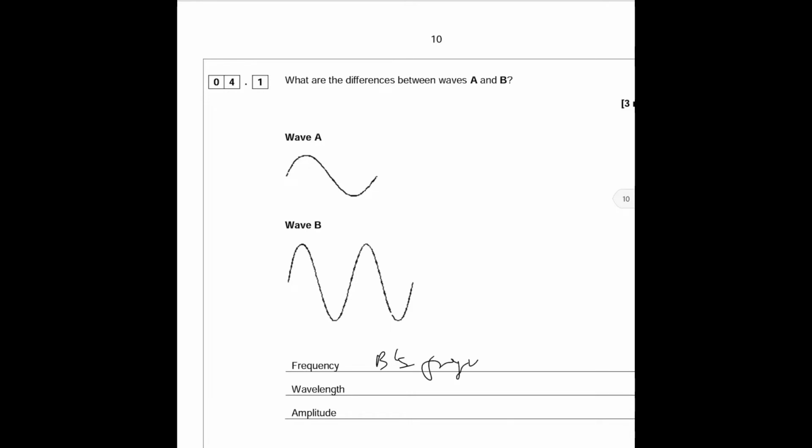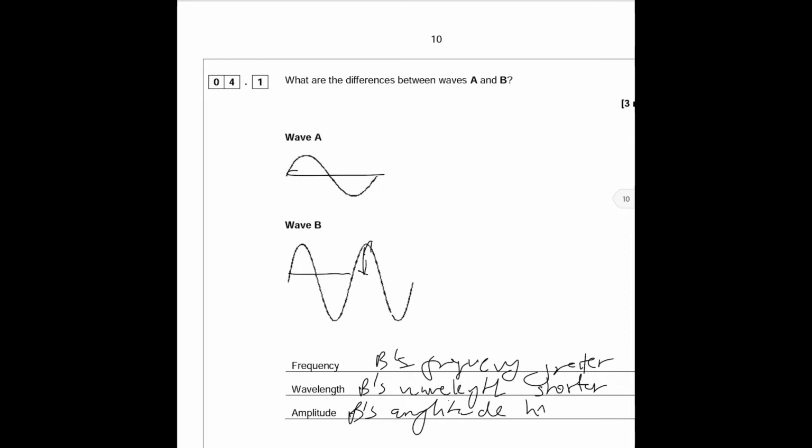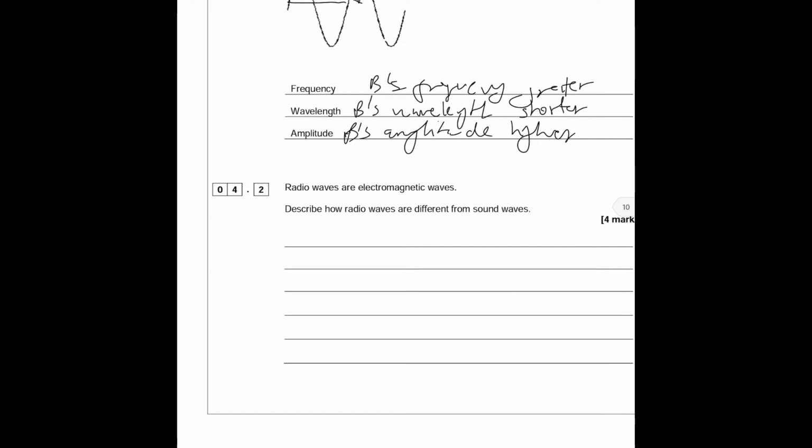You can see that there are more waves. Wavelength, the distance, you can see that B's wavelength is shorter than that of A. And the amplitude, we can see that B's amplitude is higher. So you can say the frequency for B is greater than A, B's wavelength is shorter than wave A, B's amplitude is higher than wave A.